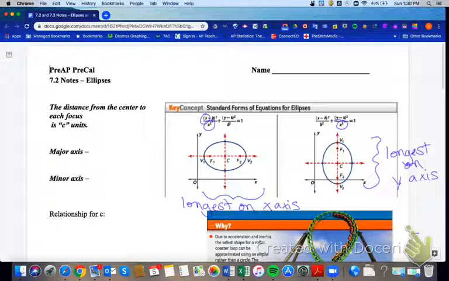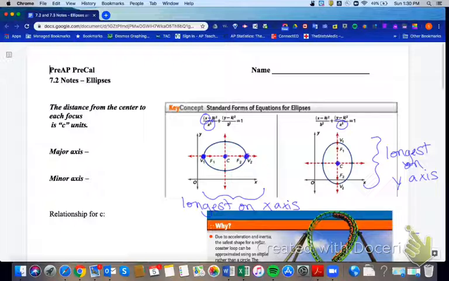Okay. In each of the ellipses, you have the center, right? And then the vertices are always going to be on the longest axis. So in the first picture, you will notice there's vertex 1 and there's vertex 2.